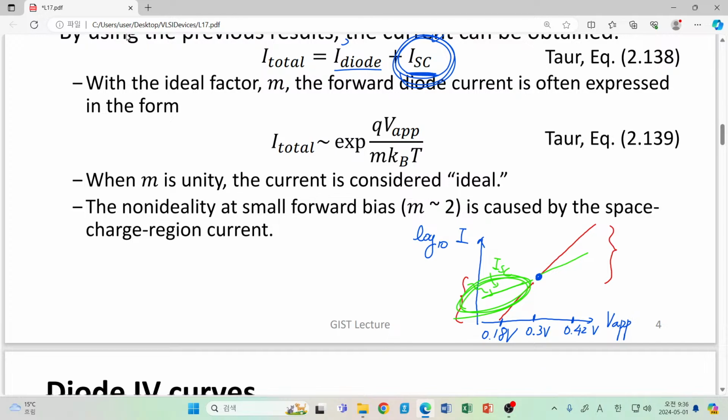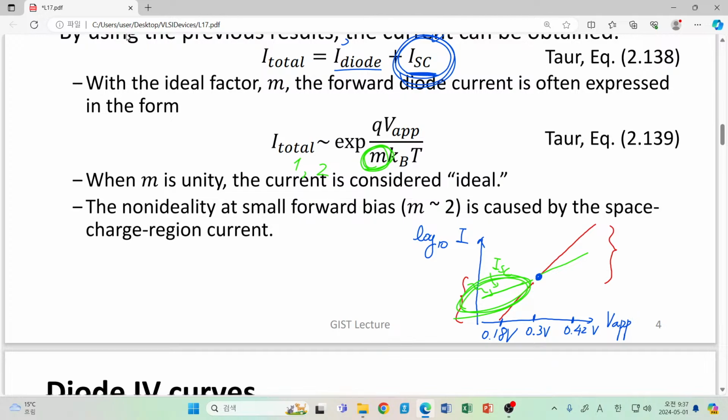Of course, we have studied these two different behaviors, following either the thermal voltage or two times the thermal voltage. But in reality, when you measure the actual IV characteristics, this value is not precisely 1 or precisely 2. It is measured in between, and of course it depends on the bias you apply.